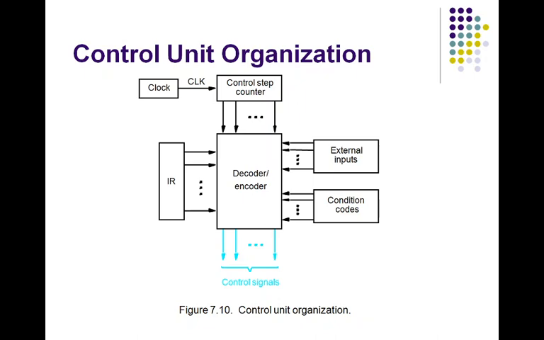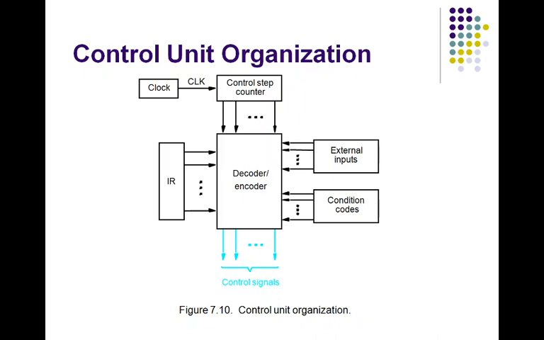The required control signals are determined by information like the contents of the control step counter, the contents of the instruction register, the contents of the condition code flags, and external input signals such as MFC and the interrupt request.